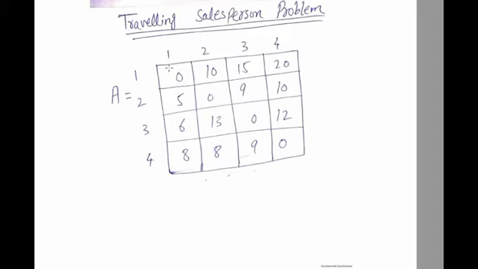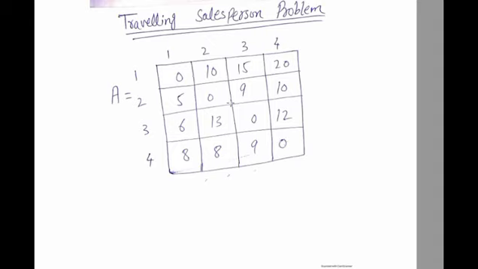So 1 to 2 is 10, 1 to 3 is 15, and 1 to 4 is 20. These are basically the distances. 2 to 1 is 5, 2 to 3 is 9, 2 to 4 is 10, 3 to 1 is 6, 3 to 2 is 13, and 3 to 4 is 12. 4 to 1 is 8, 4 to 2 is 8, 4 to 3 is 9, and the diagonals are taken as 0. So this is a matrix and that table is given for it.